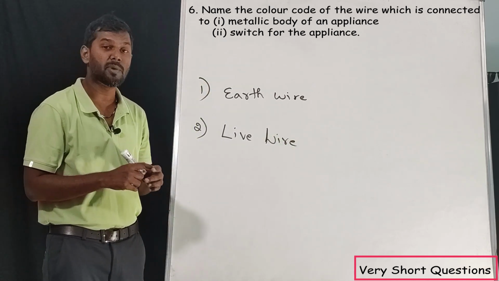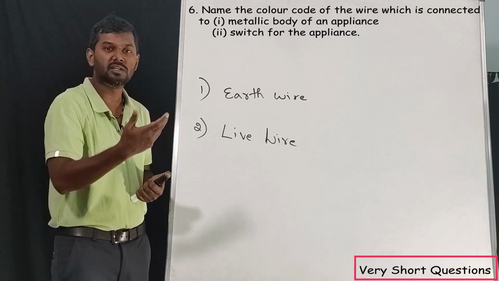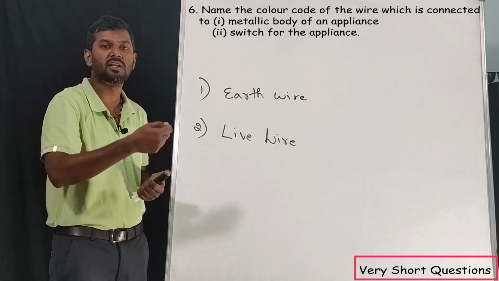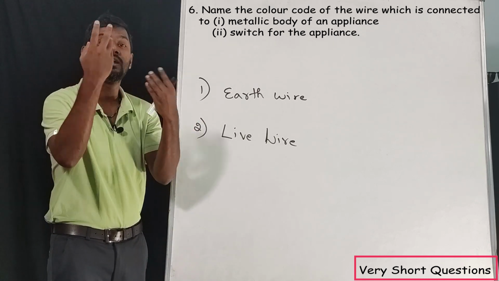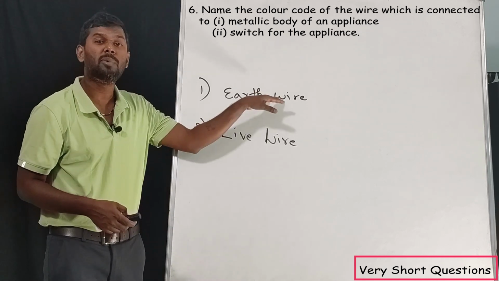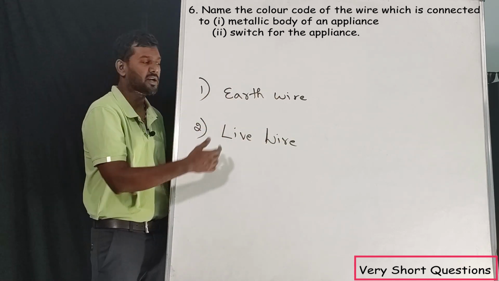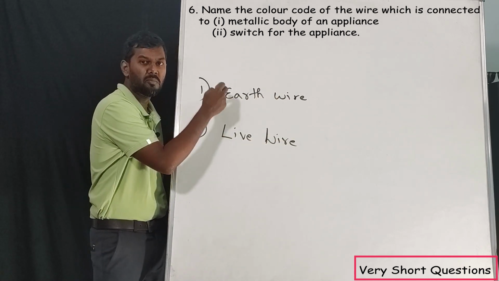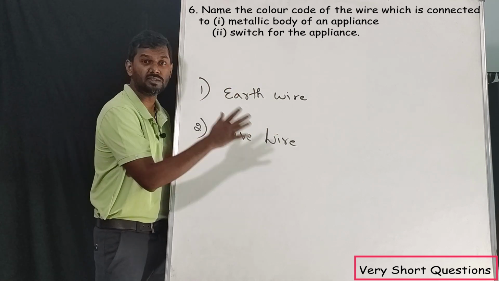So color code can be asked in this way also. It can be asked directly, which color insulation is there for live wire or earth wire or neutral wire. That is a direct question. These are the application oriented questions. You need to understand which wire will be connected to the metallic case of the appliances and where the fuse is connected.